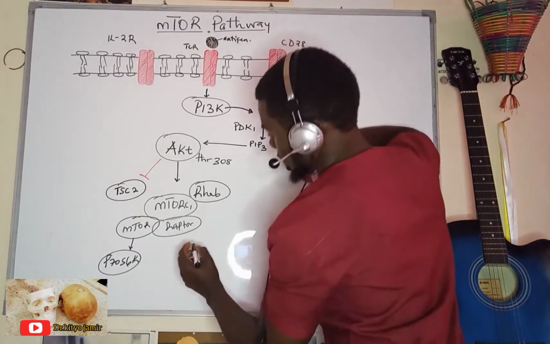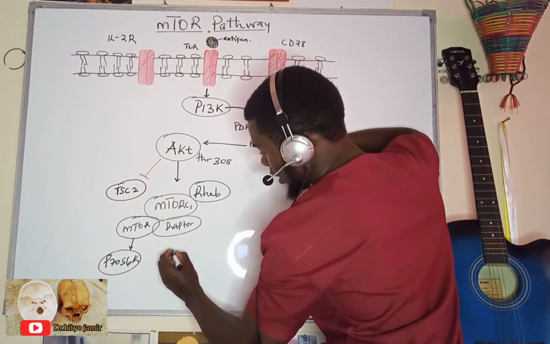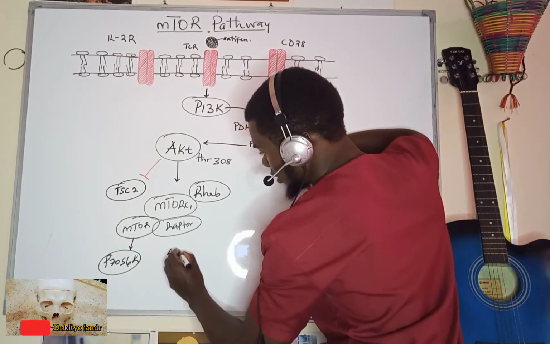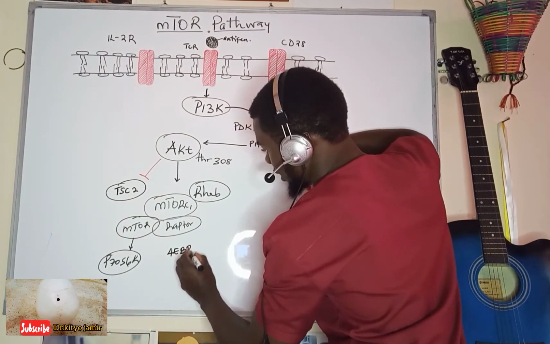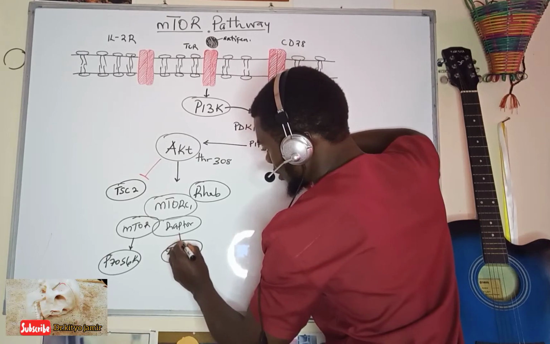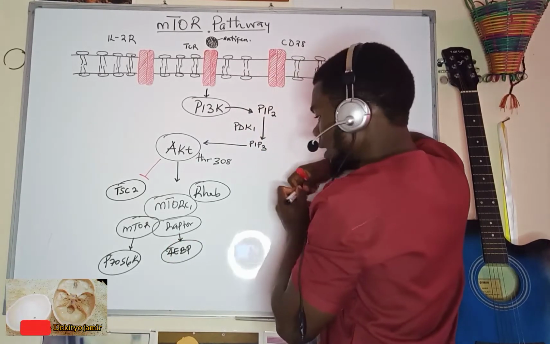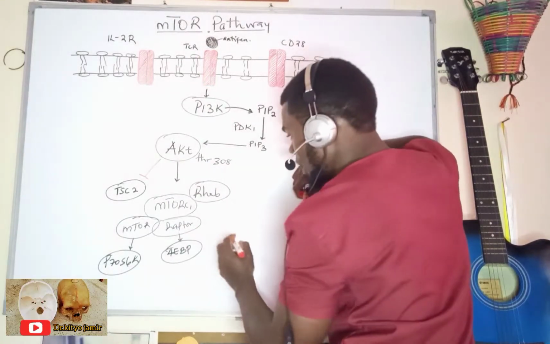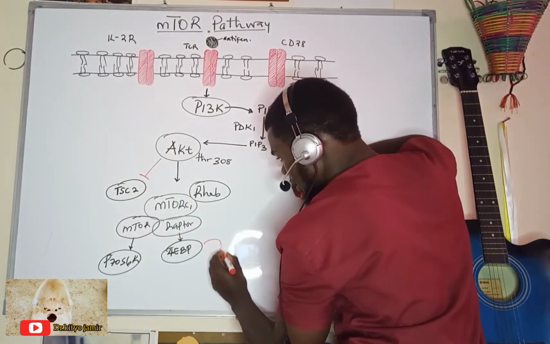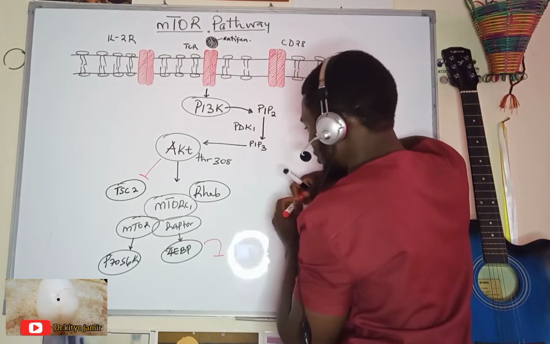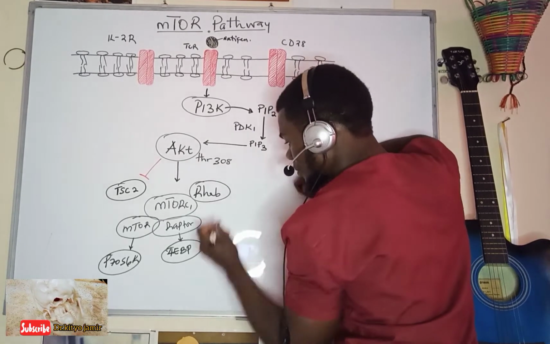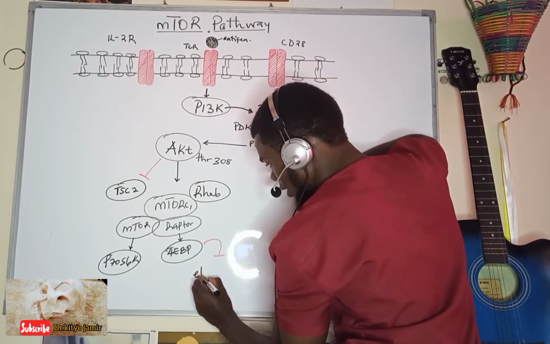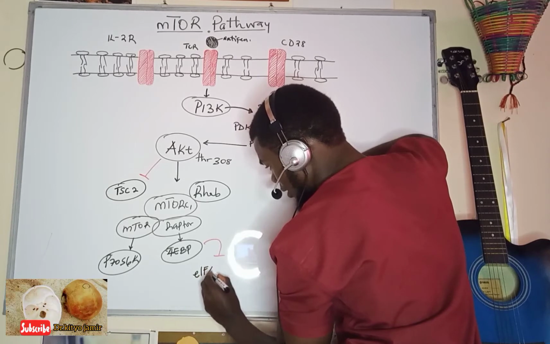So what are we having? We have 4E binding protein. And we said in the absence of a ligand, the antigen or the T cell receptor, we are going to have it acting as an inhibitor of what? Of eukaryotic transcription initiation factor 4E.